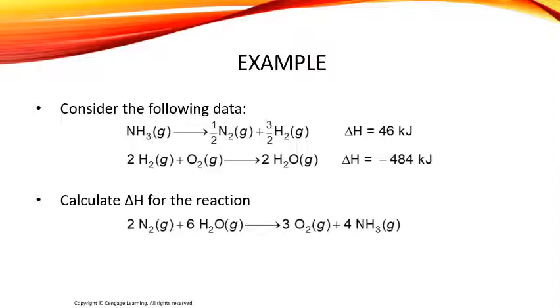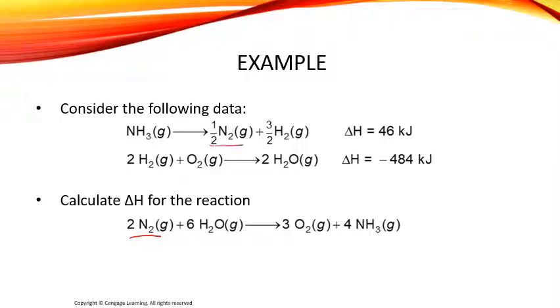And we have NH3 forming 1/2 N2 plus 3/2 H2, delta H of 46 kilojoules, 2H2 plus O2 forming 2H2O as a gas, being negative 484 kilojoules. And we want the overall reaction, 2N2 plus 6H2O forms 3O2 and 4NH3. So if you notice here, I have N2 as a reactant in the main equation.